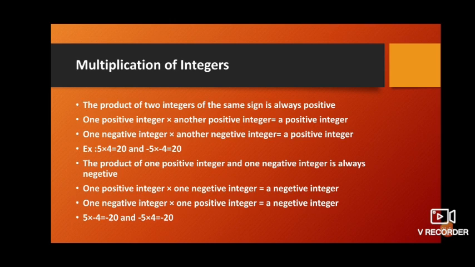Next example, 5 into minus 4, where one is positive and one is negative, so the result will get a negative sign. And one more, minus 5 into 4. Here also one is negative and one is positive. So 5 4s are 20, and the result will get a negative sign.